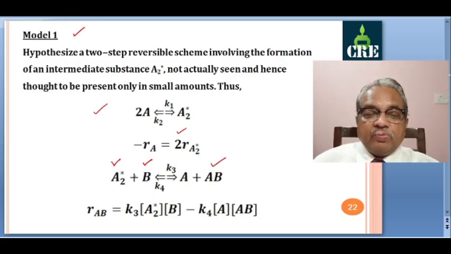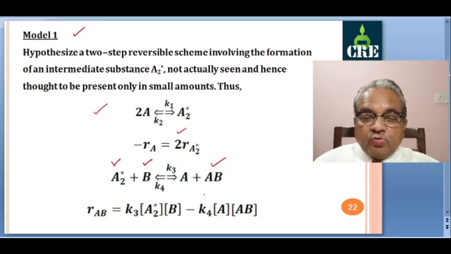So this is elementary, that means the stoichiometric coefficients are 1 and 1, so order is 1 and 1. So k3 CA2* CB minus, as this is disappearing also by the reverse reaction, so minus k4 into concentration of A into concentration of B.